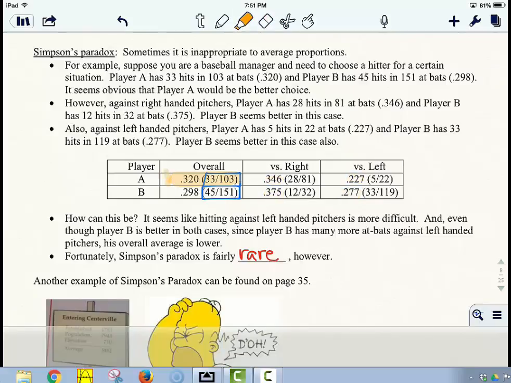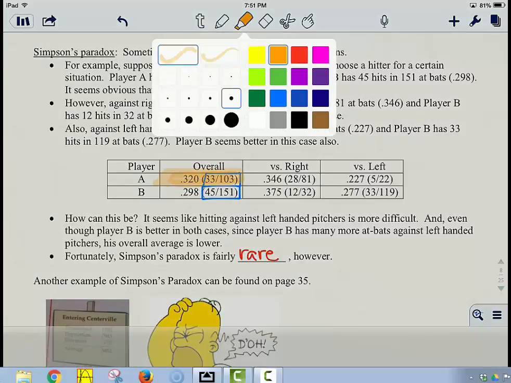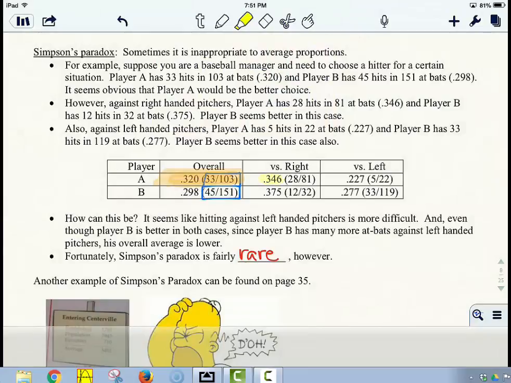This person overall did better. He has 32%. However, his versus right-handed is lower than player B, and his versus left-handed is lower than player B. So he did worse versus right and left-hand players, but when you average the two, his overall seemed better.